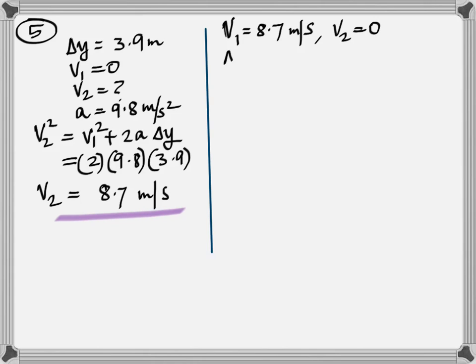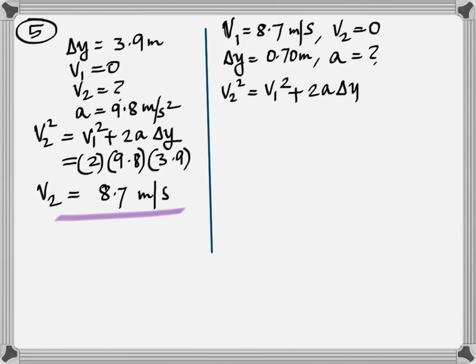And then in the second case, the initial velocity is 8.7 and the final is 0. Displacement is 0.70 meter. Find the acceleration using the same equation.